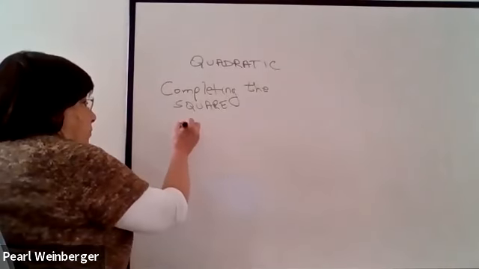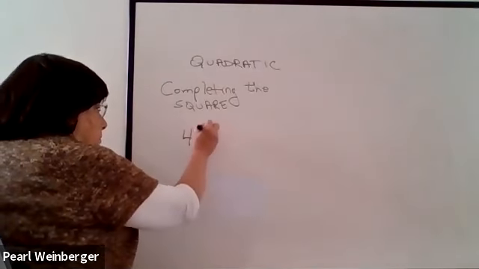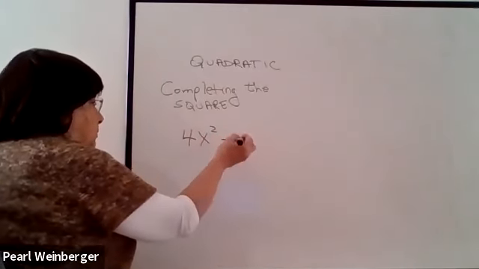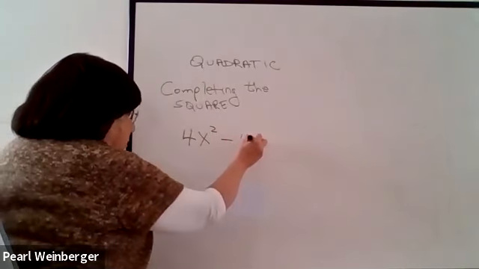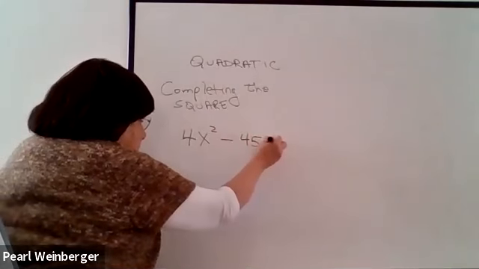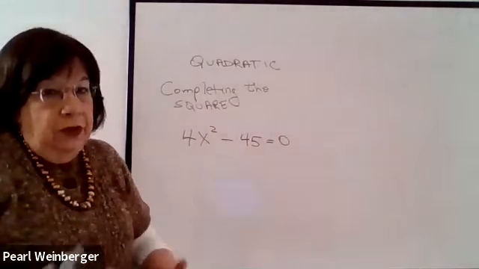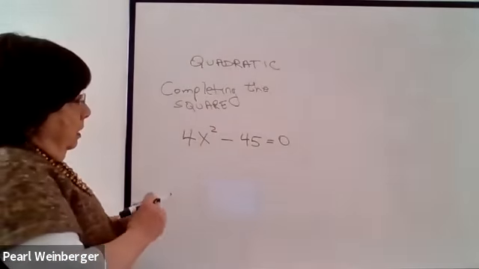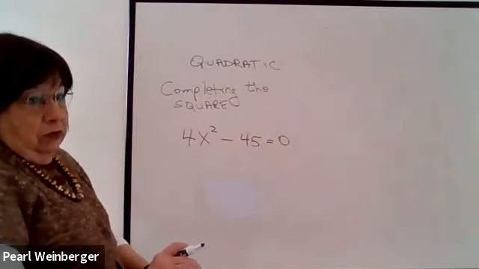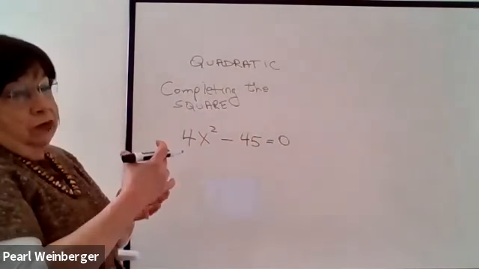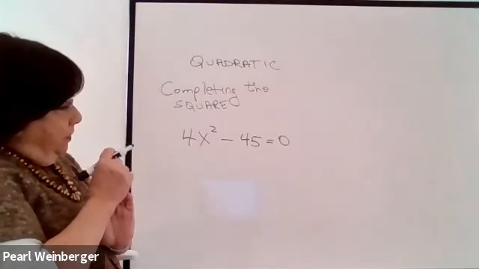Suppose I have 4x squared minus 45 equals 0. I'm going to solve this one and then the next one you're going to do. Now again, it's this incomplete quadratic equation. And I always go to the square root method when I have it because it's really the quicker method.